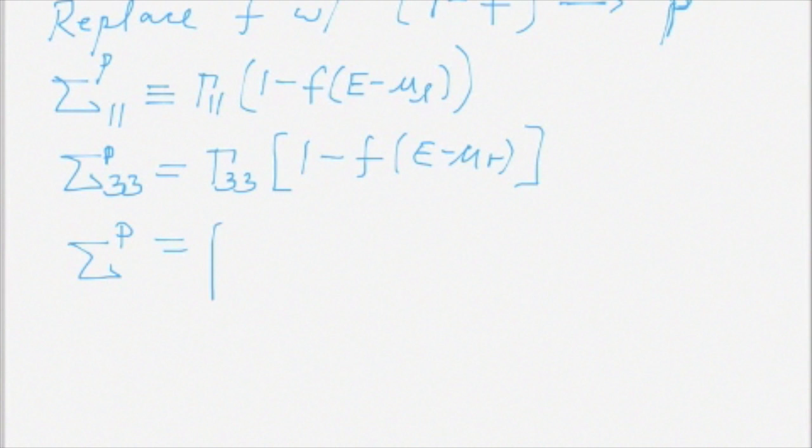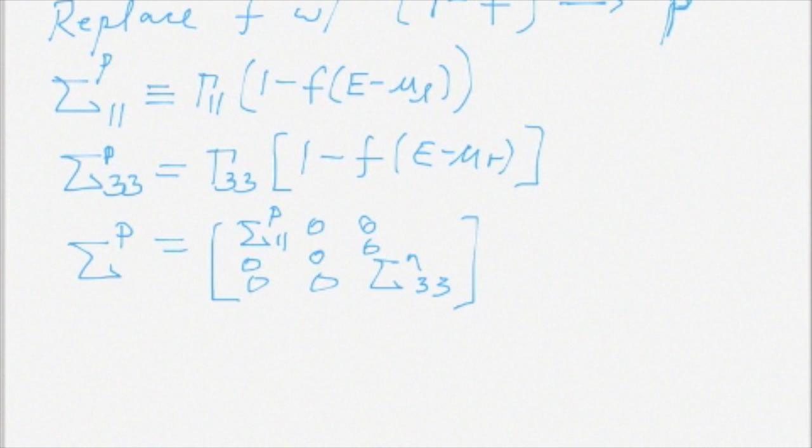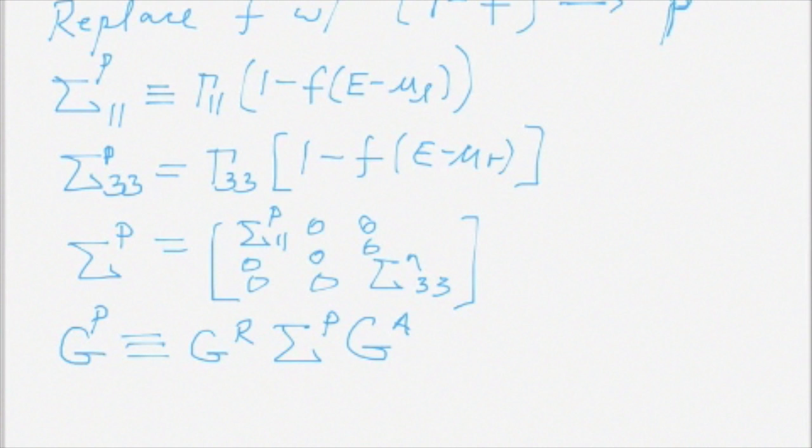It's just these two corner elements. The only thing we've done is replace F by 1 minus F. We have GP, which gives you the whole density everywhere. That's just GR sigma P GA.